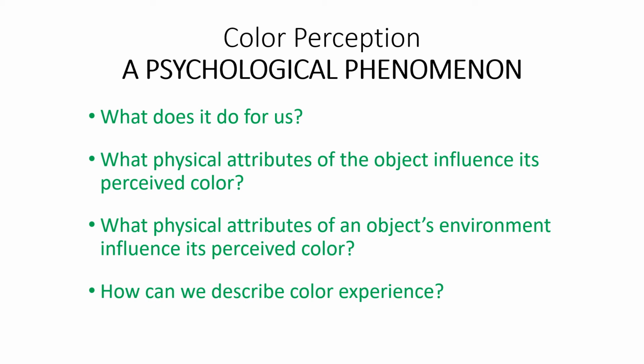If we ask what physical attributes of an object's environment influence its perceived color, that's what we really did at the end there, right? Where we talked about color constancy and lightness constancy, and how much the environment is going to influence my interpretation of colors. There is a really neat Brain Games, if you ever watch that.